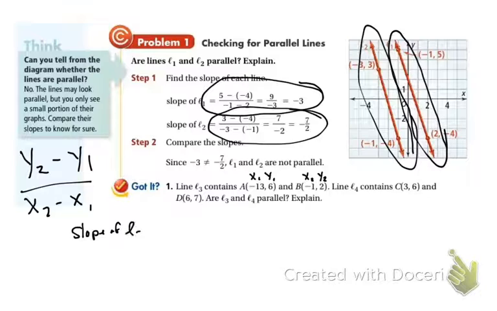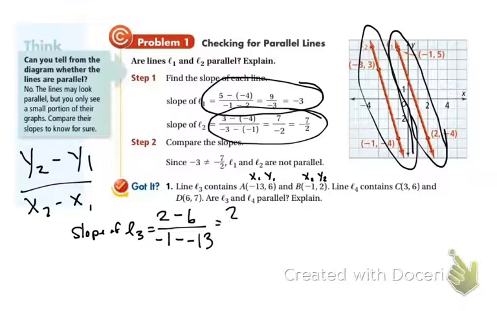of L3. My y2 is 2 minus my y1 is 6 over my y2 is -1 minus, and my x1 is -13. So I have minus and negative there.